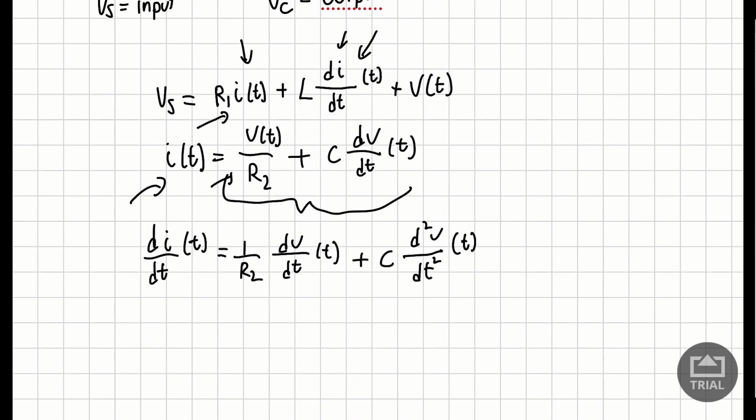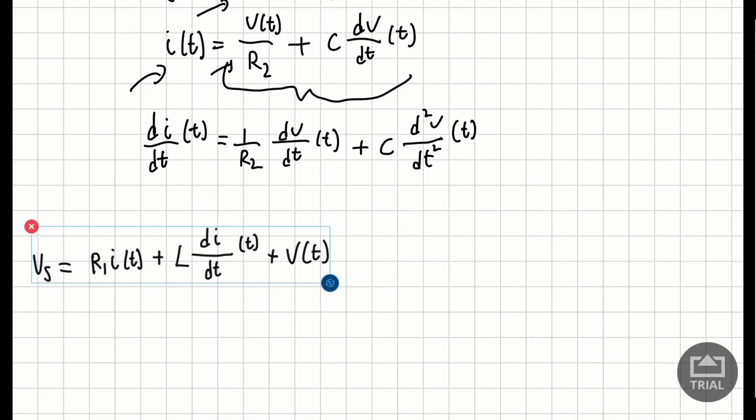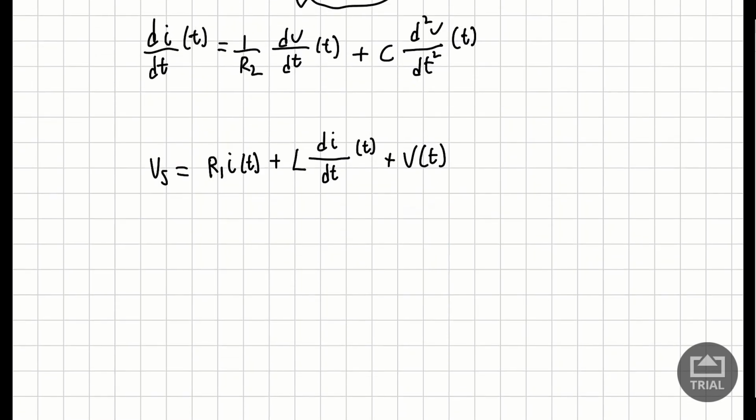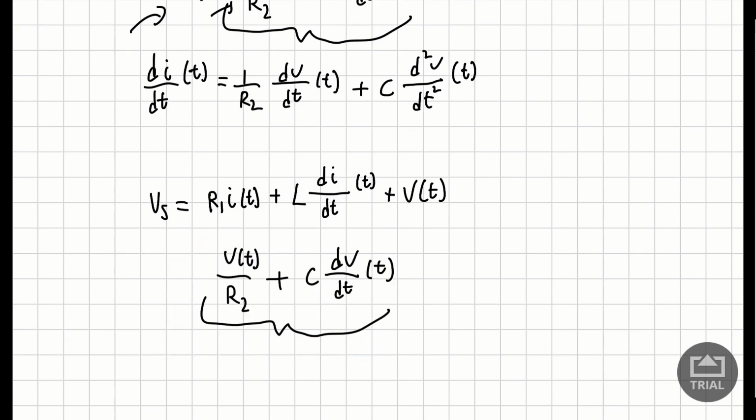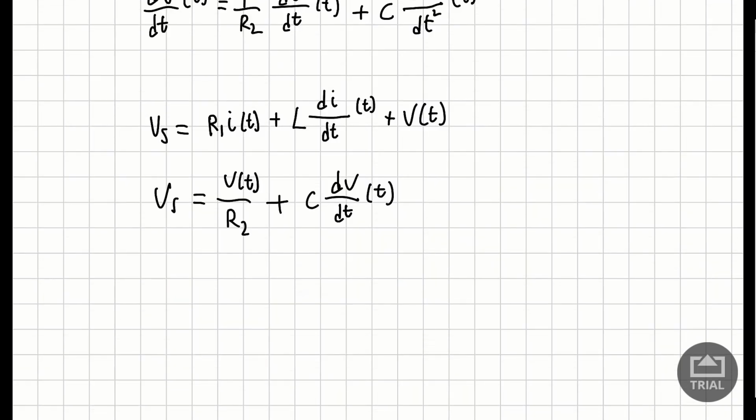Now that we have that, we can take this equation and sub in this part of the other equation. So that's going to be Vs equals this part.